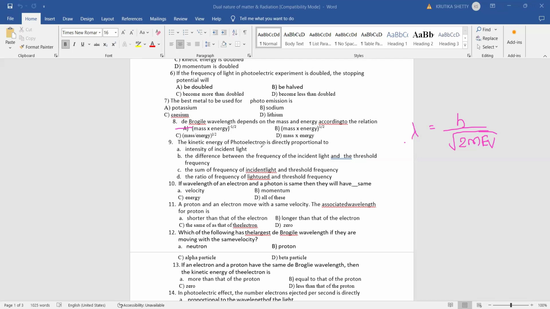Correct? The kinetic energy of photoelectron is directly proportional to what? Intensity of light, the difference between the frequency, the sum of the frequency, the ratio of the frequency.